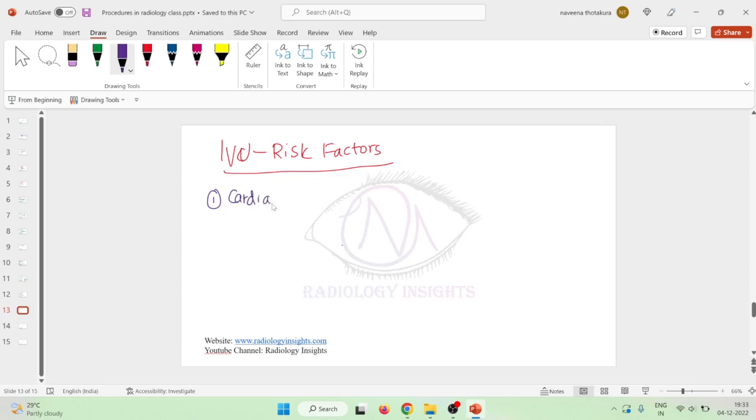If the patient suffers from cardiac failure, that is, there is cardiac decompensation, one important thing is that we should not use hyperosmolar contrast, because in cardiac failure itself there is a volume overload condition. In hyperosmolar contrast, because of increased osmolarity, it draws more water in, so it is not used in cardiac failure.